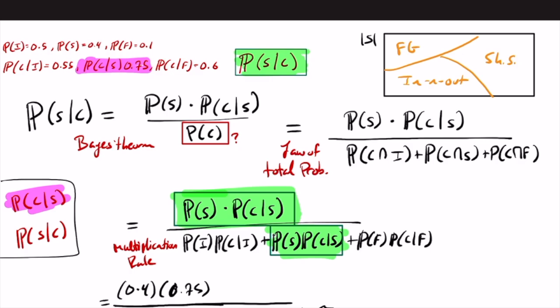0.4 times 0.75 is going to be 0.3 because 75% of 0.4 is 0.3. So that's going to be 0.3 on top over 0.55 times 0.5, 0.255, 0.4875, 1.6. So this is going to be about 45% or so.